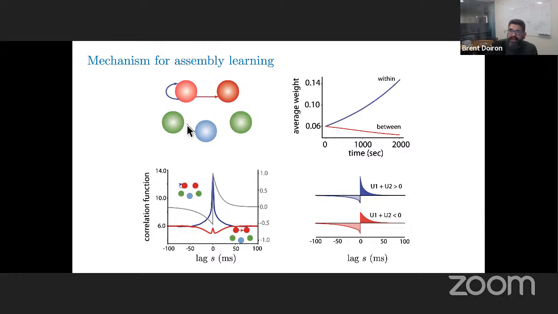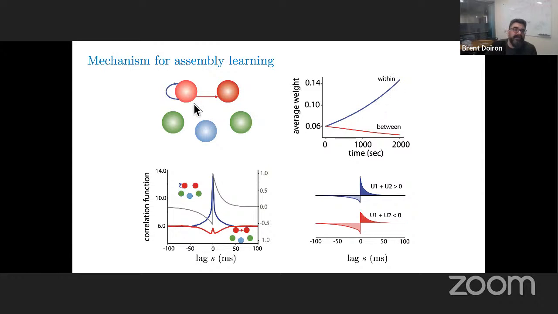So what's happening for these two connections during the training phase? Here I'm going to look at the within assembly connection in blue, the cross assembly connection in red. Since there's strong correlations within the assembly during training and even after training, if you multiply this correlation function times the STDP curve and then look over time, you just get overall potentiation.